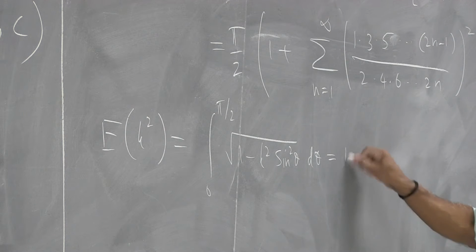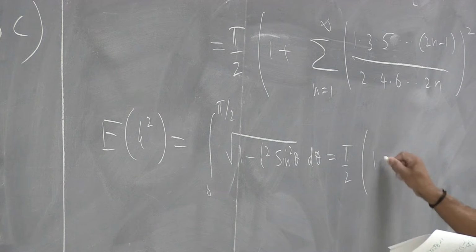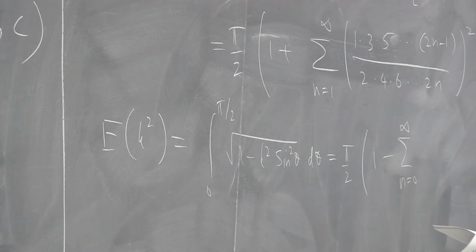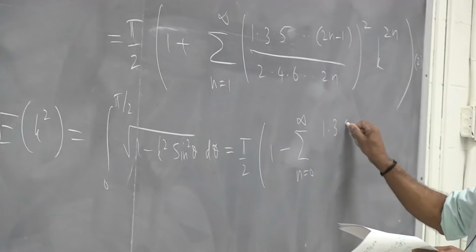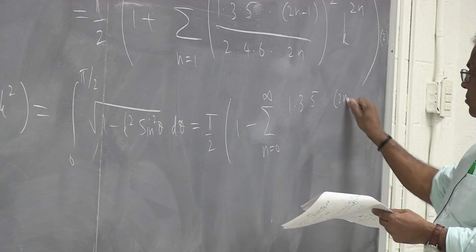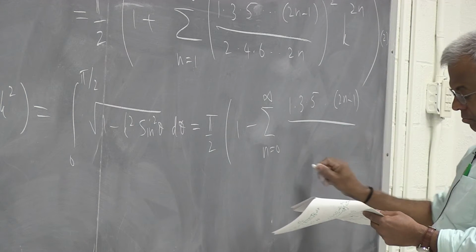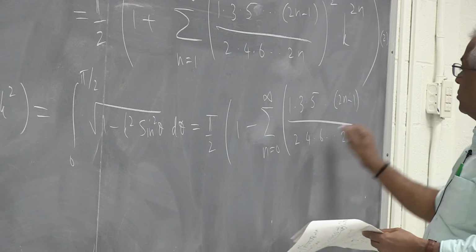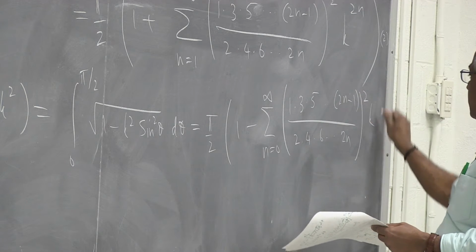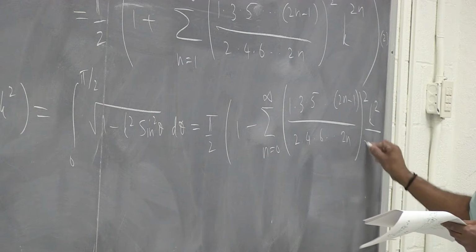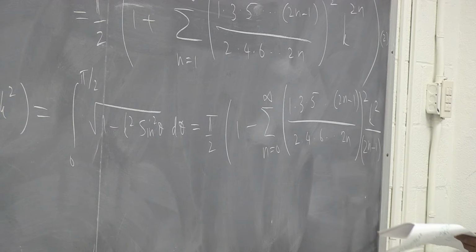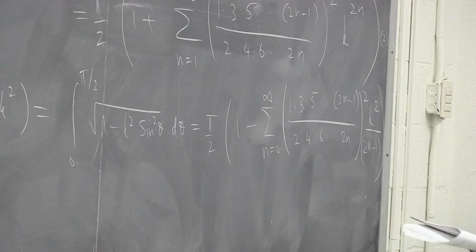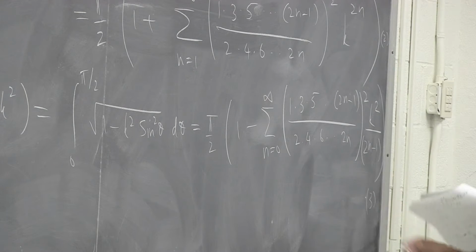You will get this expression. So this term is the same as here, except that here there is a denominator, it's the 2n minus 1, and then the whole thing squared. So let me call this 3.